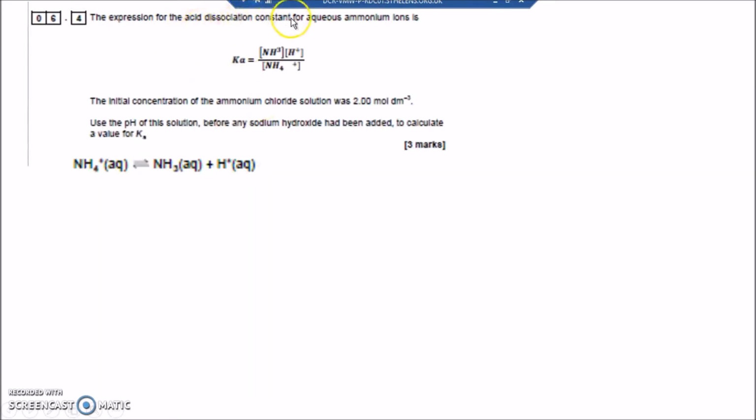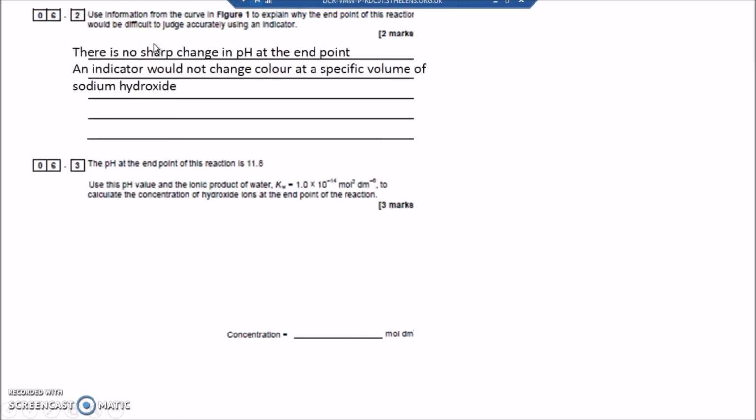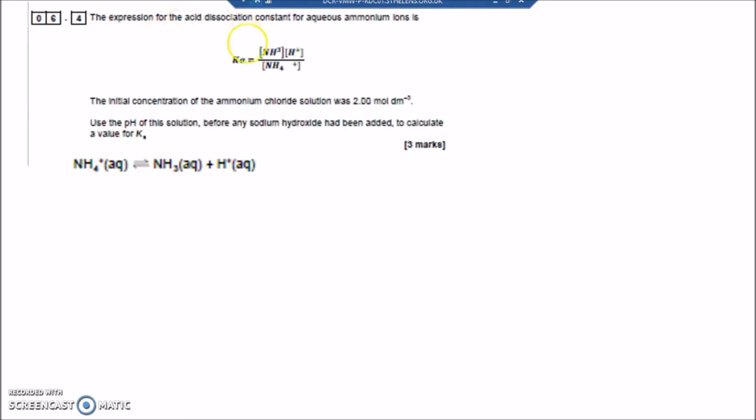The expression for the acid dissociation constant of ammonium ions is this. The initial concentration of the ammonium chloride was 2 mole per decimetre cubed. Remember back here, it says ammonium chloride is NH4+ when it's in water. So the ammonium chloride solution of 2 mole per decimetre cubed is this.